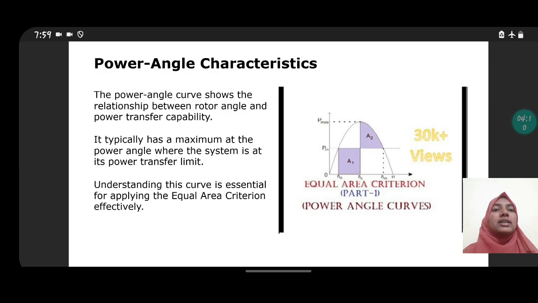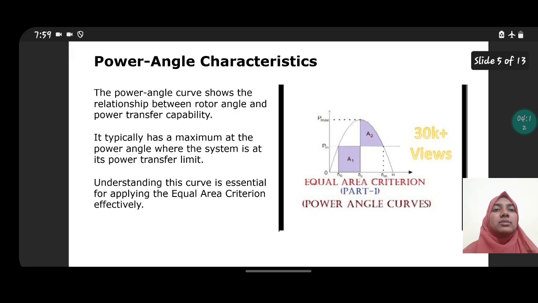It typically has the maximum at the power angle where the system is at its power transfer limit. Understanding the curve is essential for applying the equal area criterion effectively.